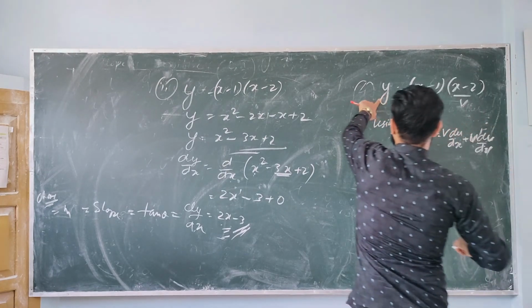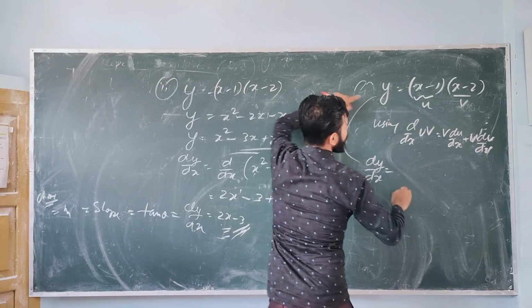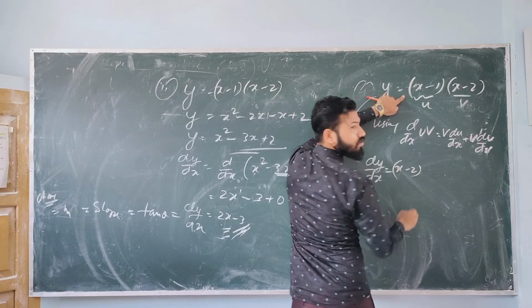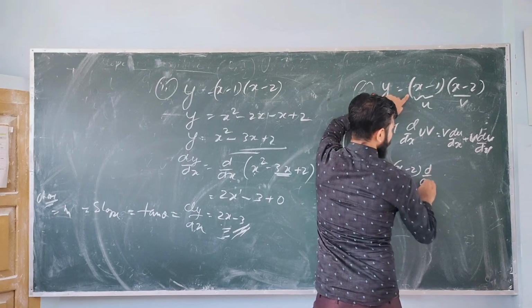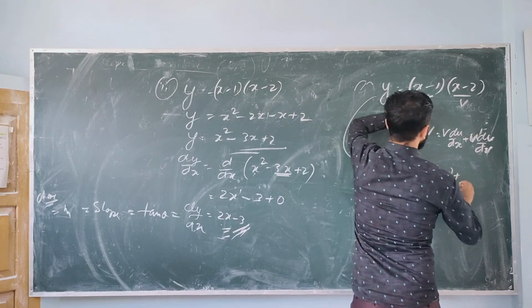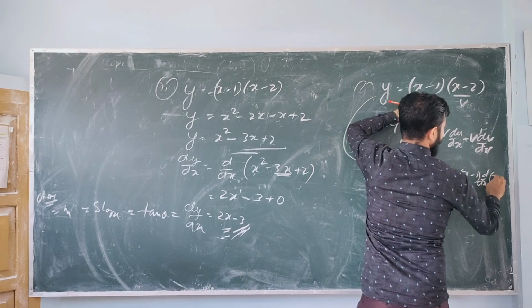Look here, very simple. dy by dx is equal to v, which is x minus 2, times d/dx of x minus 1, plus x minus 1 times d/dx of x minus 2.